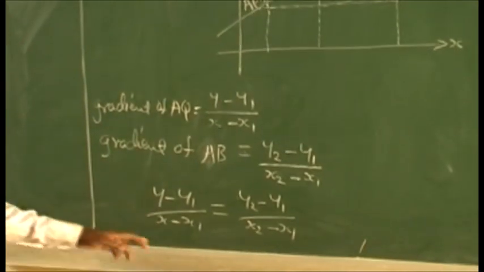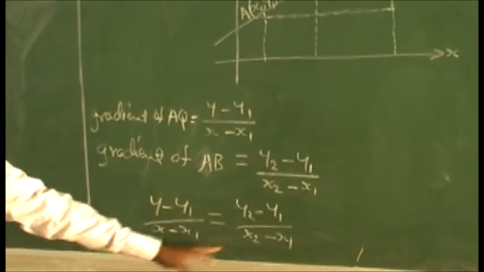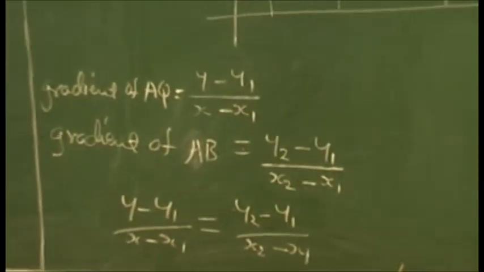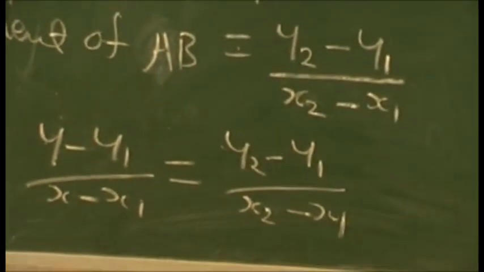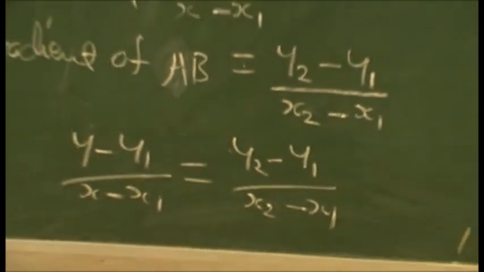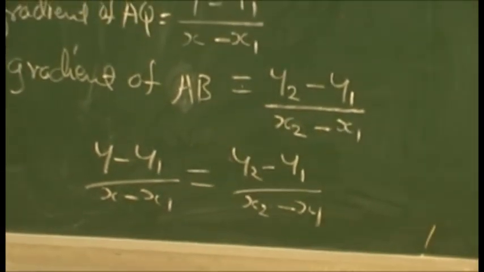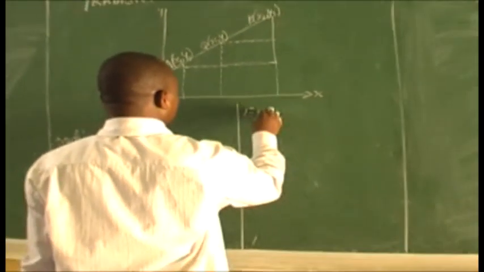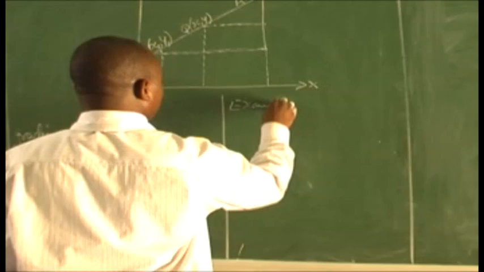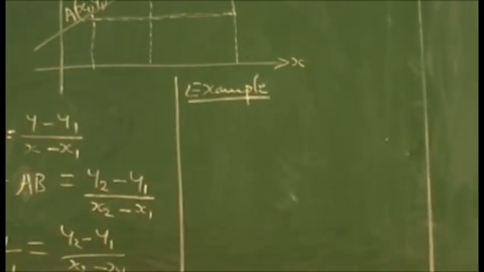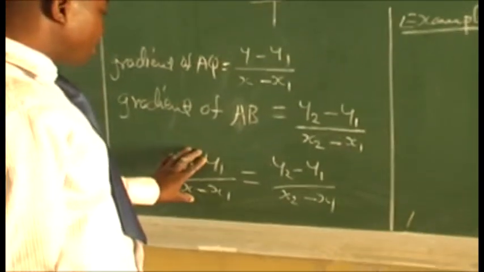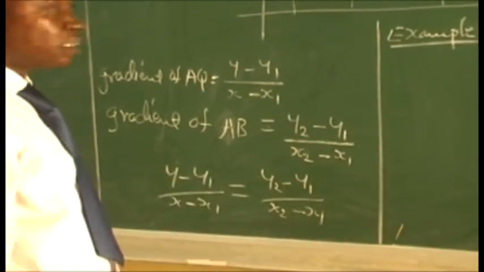So with this, we can now cross multiply to get the equation of the line. That's how simple it is. But apart from that, we will take an example, and let's see how we can use this gradient and this gradient to form a line.